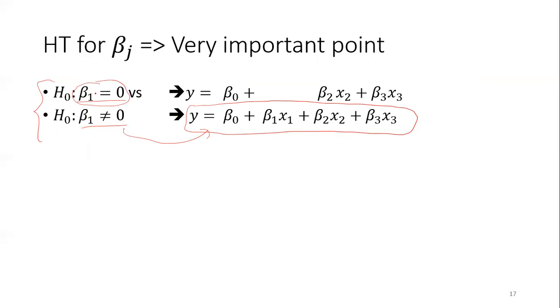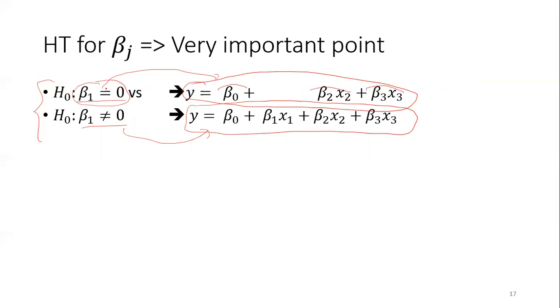What does it mean? It means that I just assume, I just conjecture, that in my hypothesis beta 1 is equal to 0, hence I don't have it in my model. So this beta 1 equal to 0 refers to the model where you already have the intercept, x2 and x3.